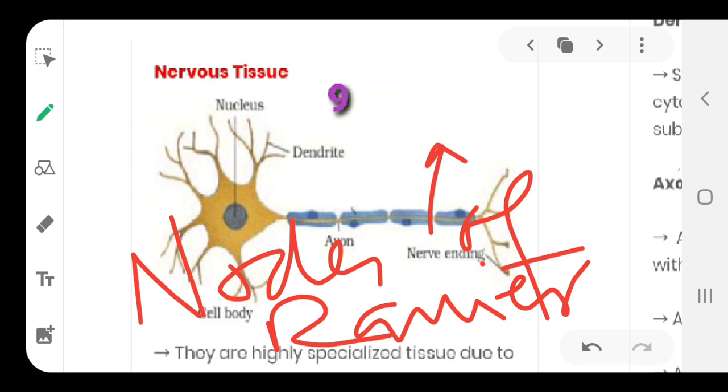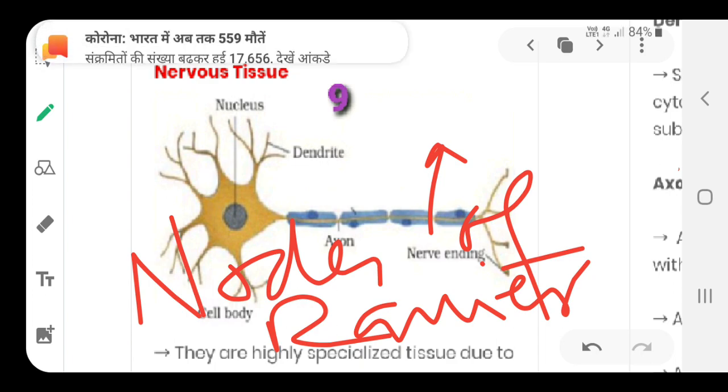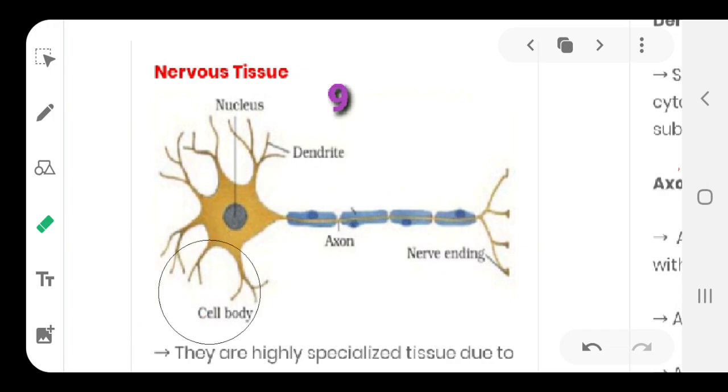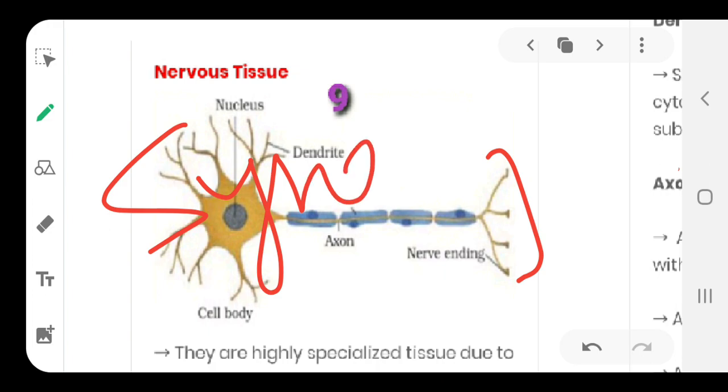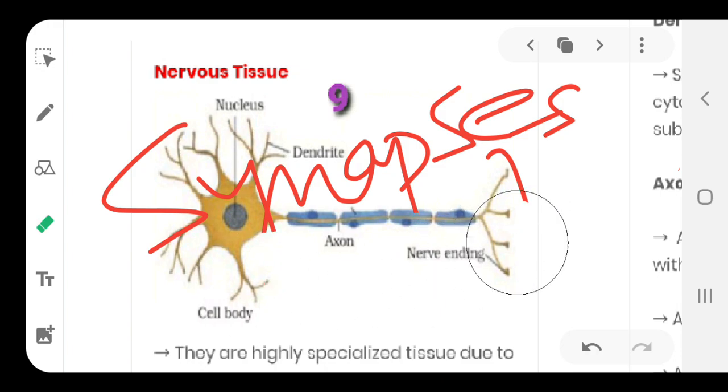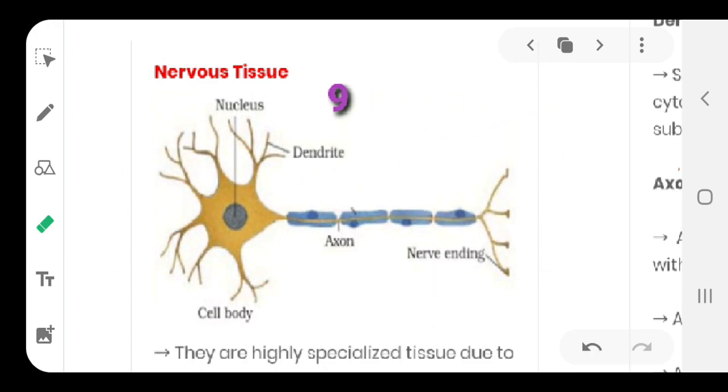These are some of the names that you should know, and this diagram must be properly drawn in your respective notes copies. Then they have the nerve ending at the base that you can see here. From here a new neuron joins them, and that junction is called synapses. So make sure these new terms are written down properly and then learn them.